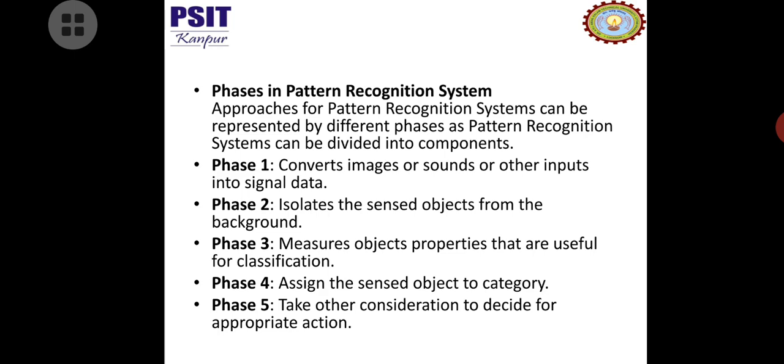The main target is to convert your sound, other inputs, or images into signal. After phase number 1, it will reach phase number 2. In phase number 2, it isolates the sensed object from the background.